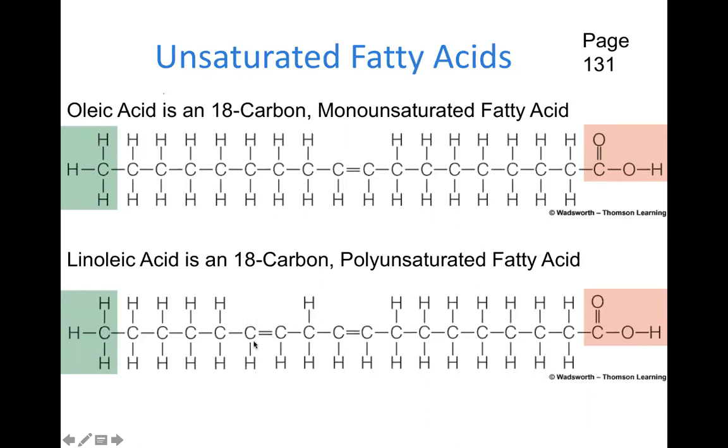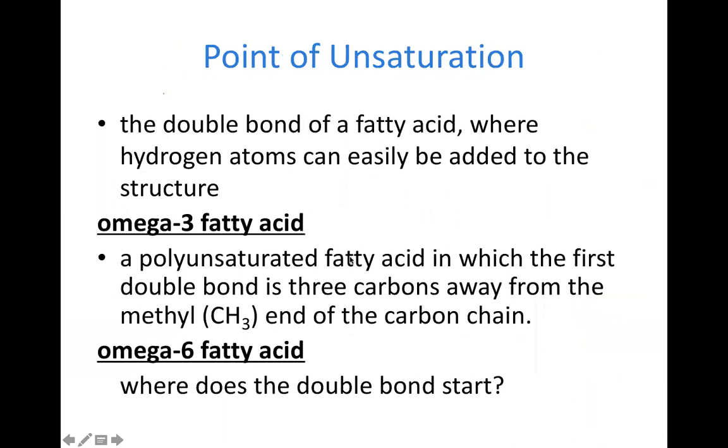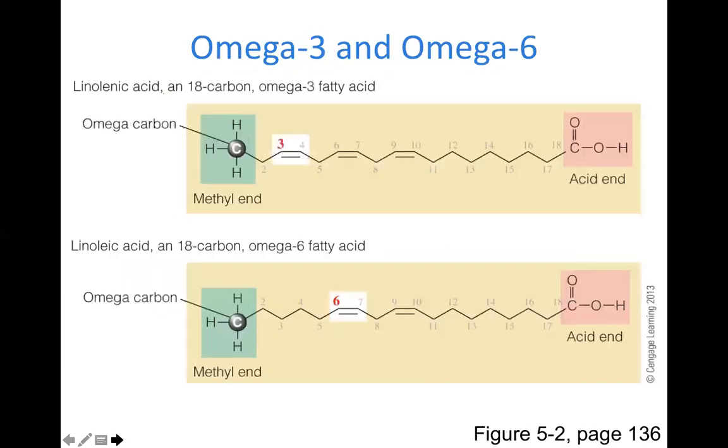So the point of unsaturation occurs at the 6th carbon, and so we call it an omega-6 fatty acid. So an omega-3 fatty acid would have the very first double bond on the 3rd carbon. And like I showed you in the last slide, the omega-6 fatty acid would have its first double bond at the 6th carbon. So I'm sure many of you have heard of omega-3 fatty acids and maybe omega-6 fatty acids, and now you know that what that's actually referring to is the place where the double bond is.